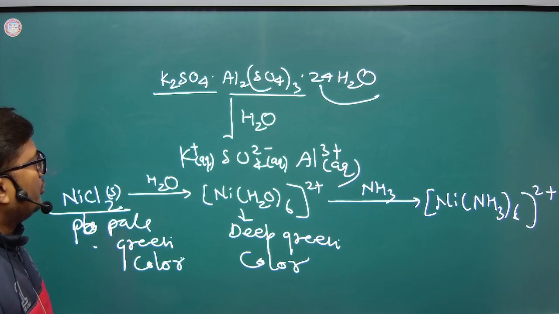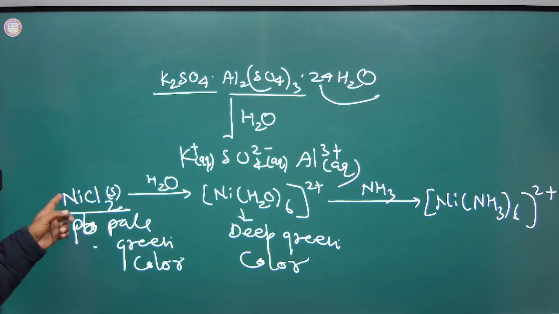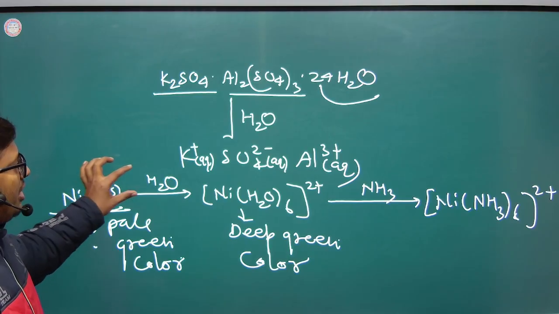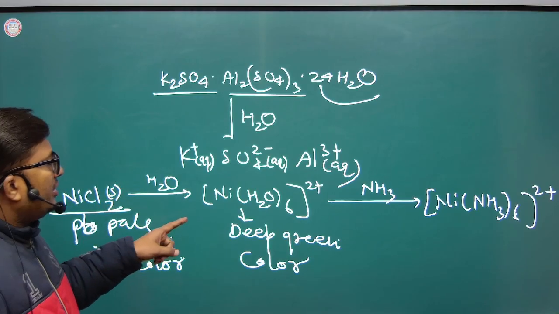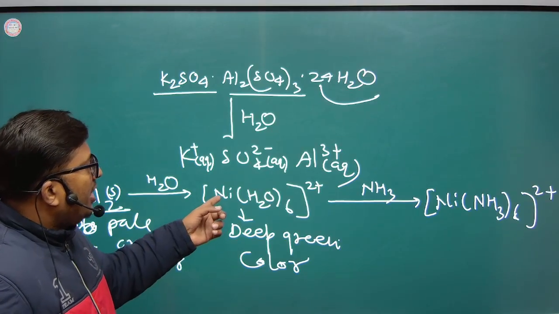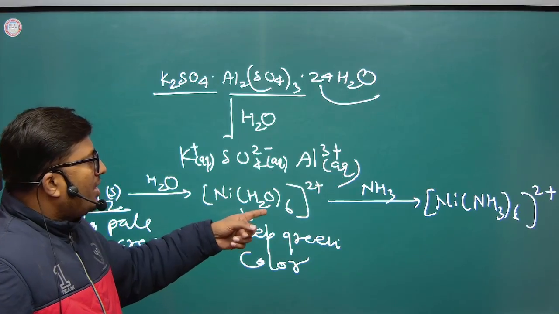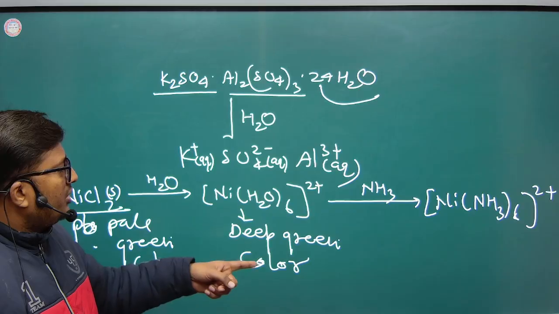So this is a normal salt, nickel chloride. Once it is dissolved in water, it gets the structure Ni coordinated by water molecules with overall 2 positive charge.